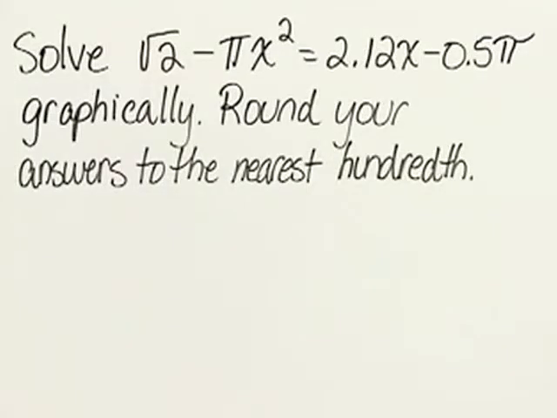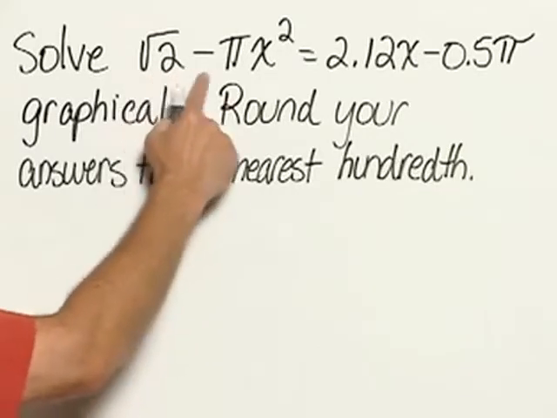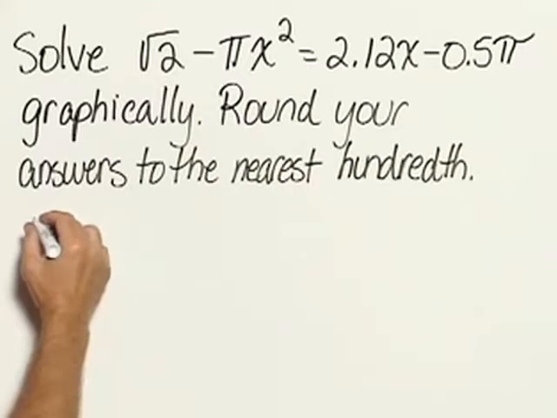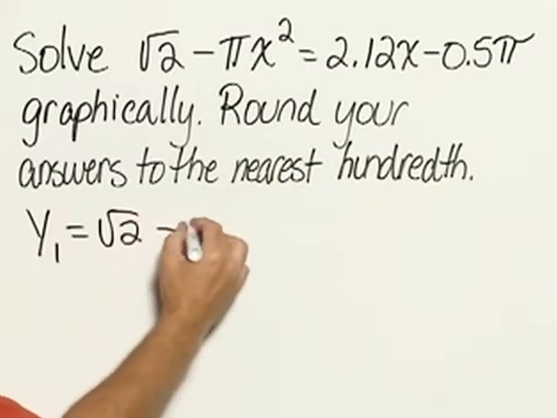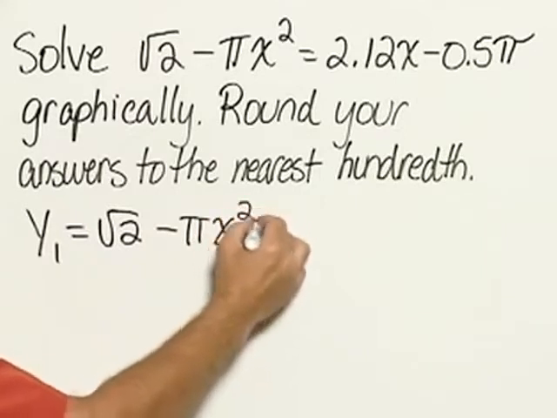Solve the square root of 2 minus pi x squared equals 2.12x minus 0.5 pi graphically. Round your answers to the nearest hundredth. So to solve these using the graphing calculator, we'll set up an equation for the left-hand side that y sub 1 equals the square root of 2 minus pi x squared.